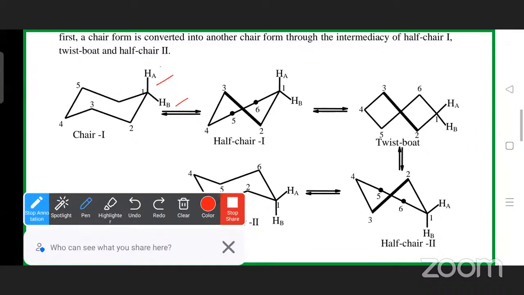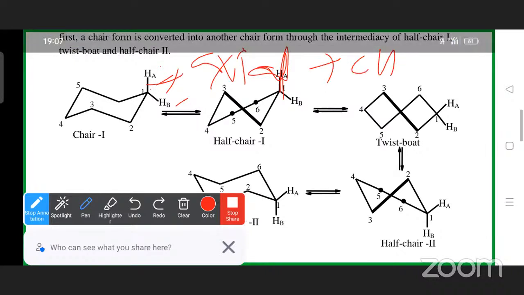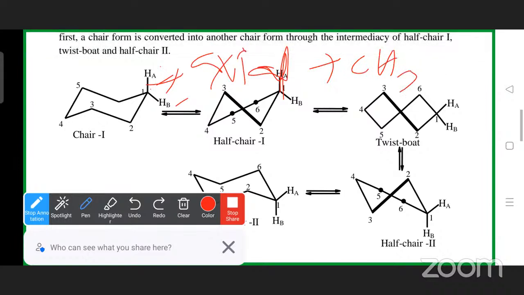So HA hydrogen is axial here. For example, in place of HA, assume any other group like methyl is there. If the methyl is in the axial direction, it will be less stable.